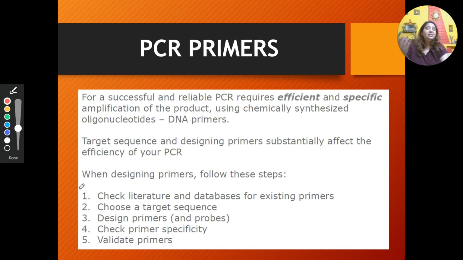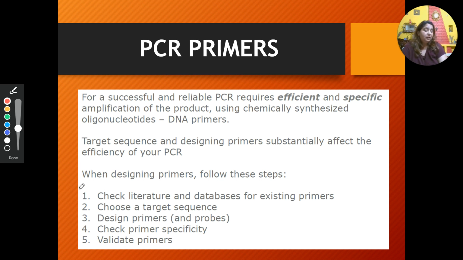So before you start making your own primer sequences, remember that primer design means you are finalizing the sequence of the nucleotides that you need to carry out either the PCR reaction or sequencing reaction, etc. But before you finalize that sequence, kindly search the literature and the database. If it is already available, you might not even need to design your own primer.